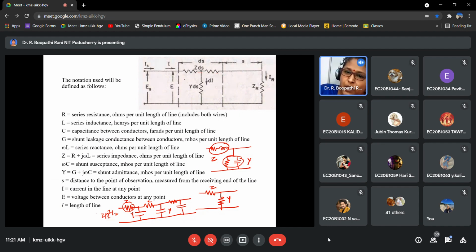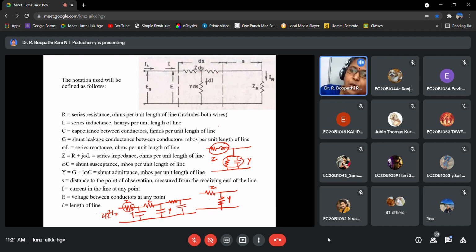Okay, so here we started with this R, L, C, G, but that can be written only with impedance and admittance, series impedance, shunt admittance. And the series component can be, because resistors in series will add, drawn as Z by 2, Z by 2, and we can take that effect as present symmetrically on both sides of this capacitor line.